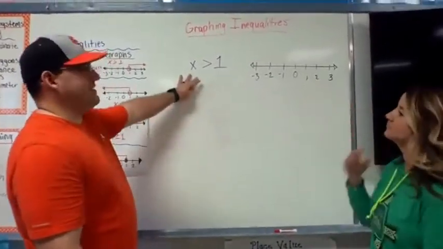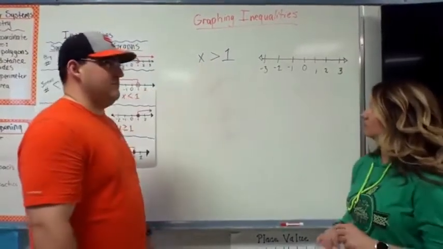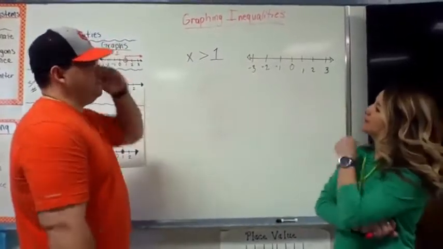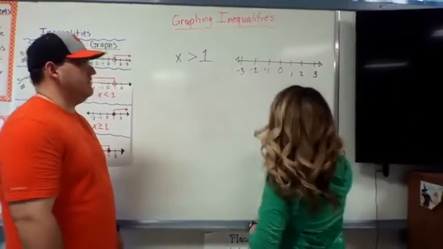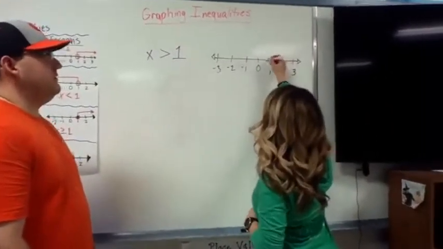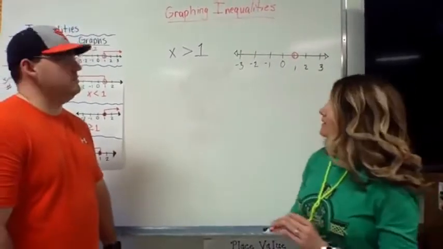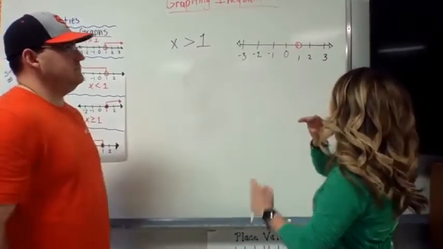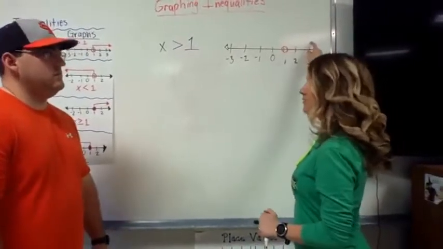It's going to tell us to graph this inequality: x is greater than 1. So how do I go about doing that? I'm going to plot 1 with an open circle. It's telling me x is greater than 1, so 2 and 3 on my number line are all the numbers that are greater than 1.